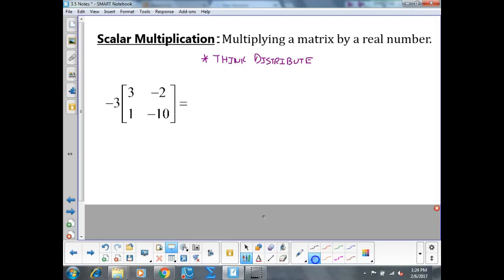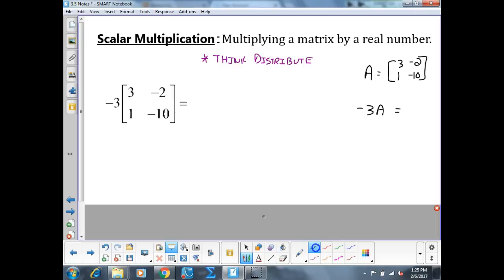Now, this exact same problem could be written as this. Just so you know, the book likes to write these problems like this, where it gives you a list of matrices above a problem, and then it would say, find negative 3a.